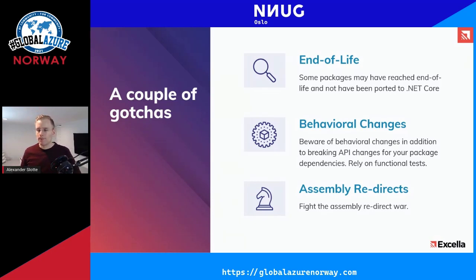Obviously when you update a package, there will be breaking API changes. That's just the nature of things, right? And those are okay because you know them, you can lean on the compiler, and it will find them. But when you go from something like AutoMapper 3.0 to 10.0, there are a lot of behavioral changes too.